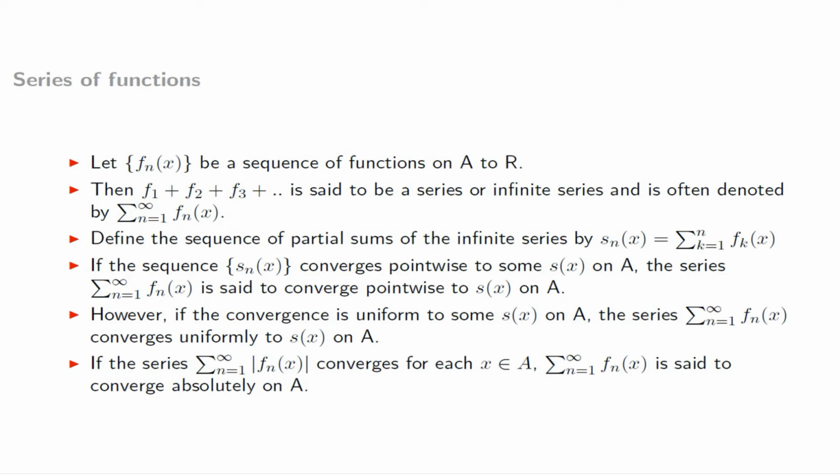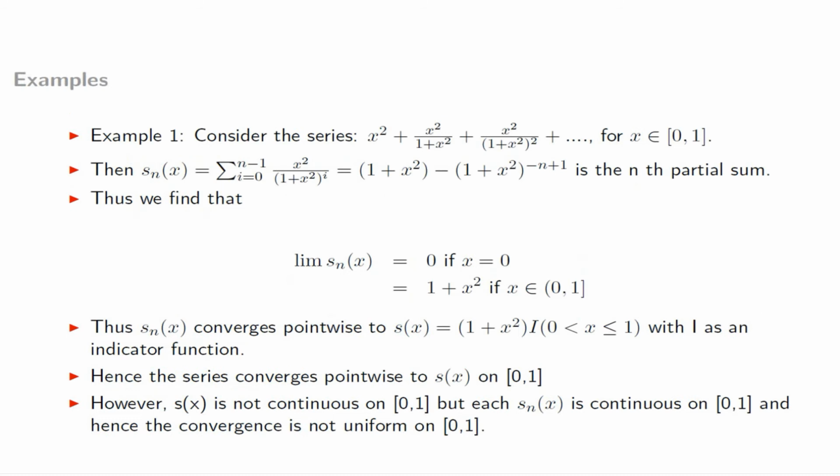If the sequence s_n(x) converges pointwise to some function s(x) on A, the series summation f_n(x) is said to converge pointwise to s(x) on A. However, if the convergence is uniform to some s(x) on A, the series converges uniformly to s(x) on A. In addition, if the series with the absolute values of f_n(x) converges for each x belonging to A, the original series, that is the series with f_n(x), is said to converge absolutely on A.